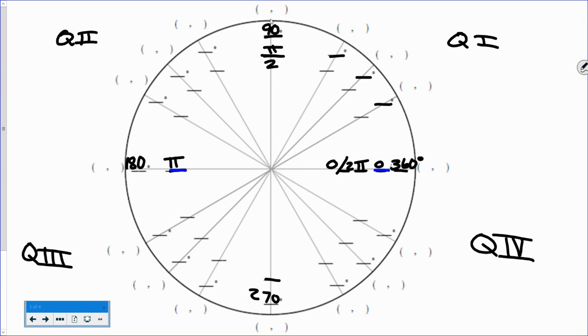So I go to 0, a half, 1 pi, and then I'm back here at 2 pi. In between 1 and 2 would be 1.5, but we're not going to write it as 1.5 pi. We would write that as 3 pi over 2.